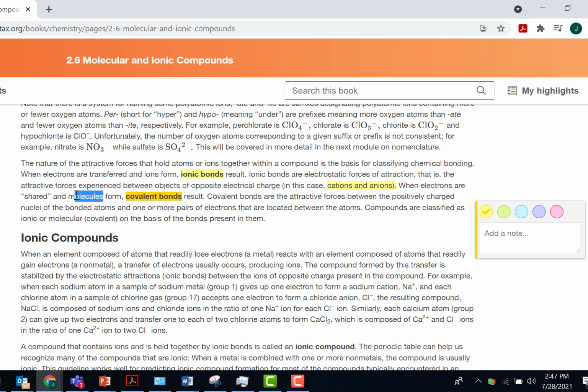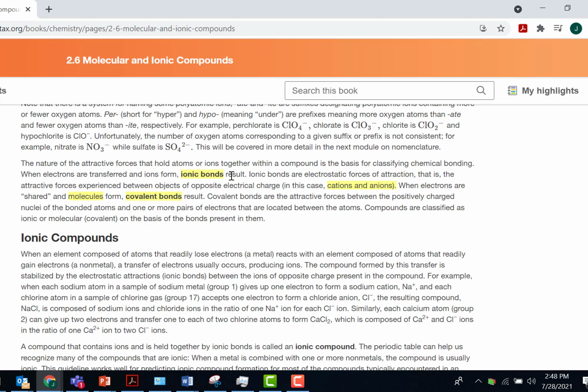We talked about molecules earlier, and I think I told you that some things are molecules and some things end up not forming molecules. It turns out that we technically only have a molecule when we have covalent bonds. So these ionic bonds don't actually form molecules, they form ionic compounds. So we have two categories here of compounds.